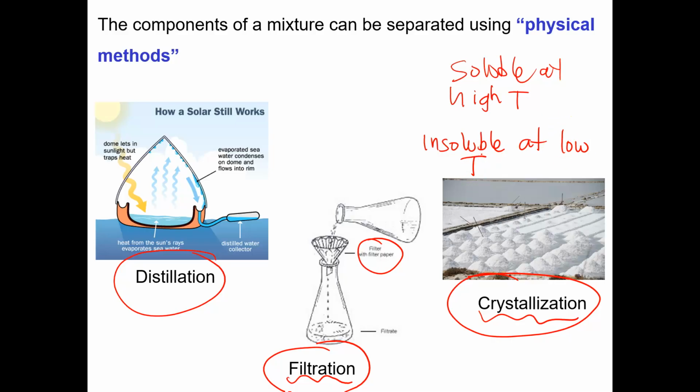So what we can do if this is the case is we can take a solution of our solid at high temperature, put it in some ice, cool it down, and our solid will crystallize out, and then we can take that mixture, pass it through a filter, and collect our solid. So you'll have the opportunity to use all of these techniques this quarter.